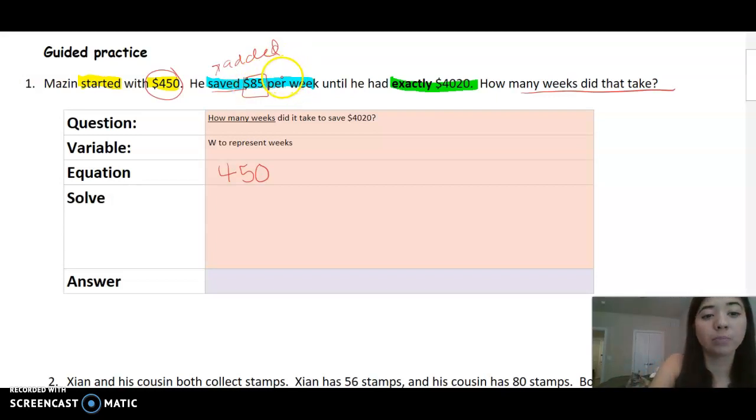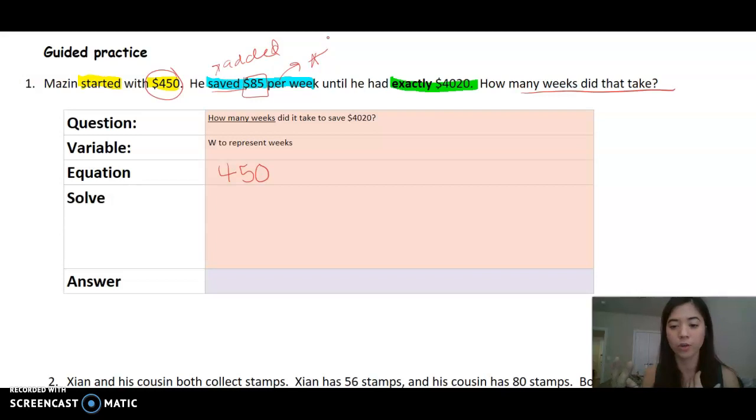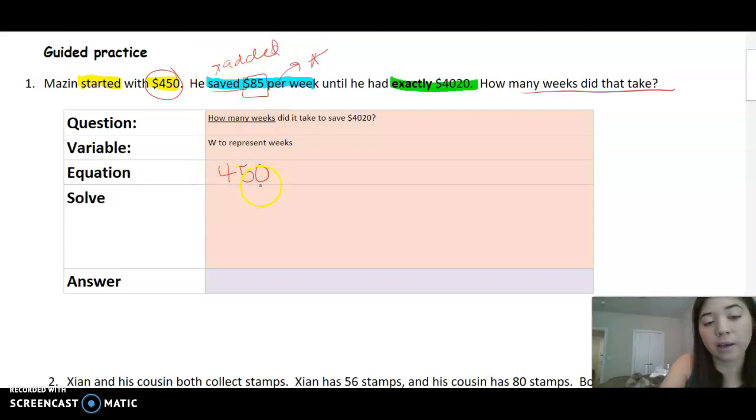Now this phrase per here means multiply, because after 1 week he's made $85. After 2 weeks he's made 85 plus 85. 3 weeks it's 85 plus 85 plus $85. So it's multiplying based on how many weeks he's worked. So to his beginning amount, we're adding $85 for how many weeks he works.